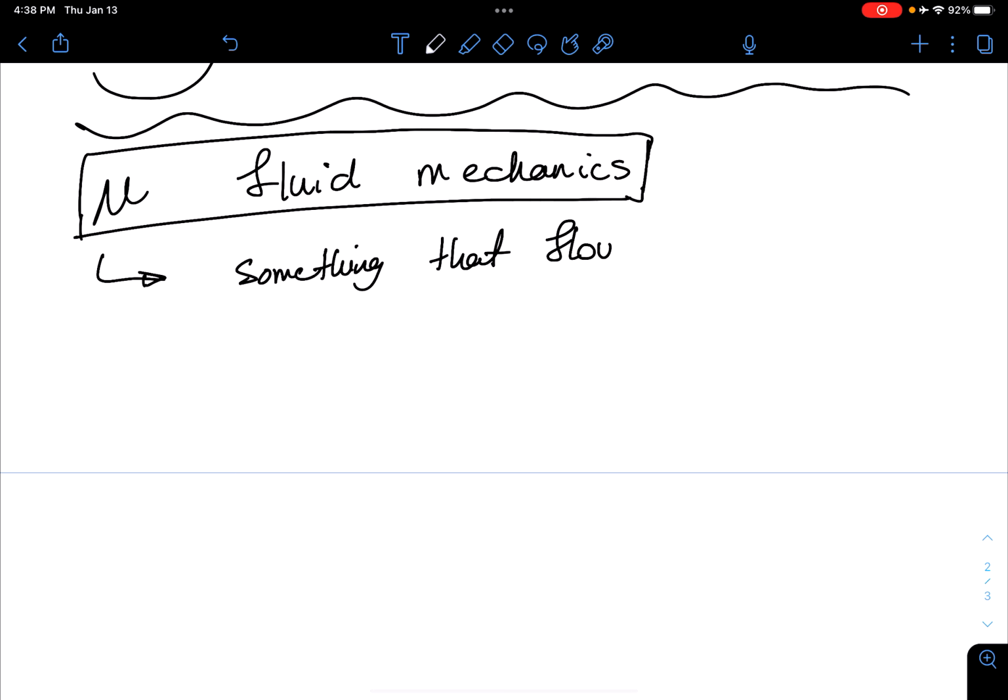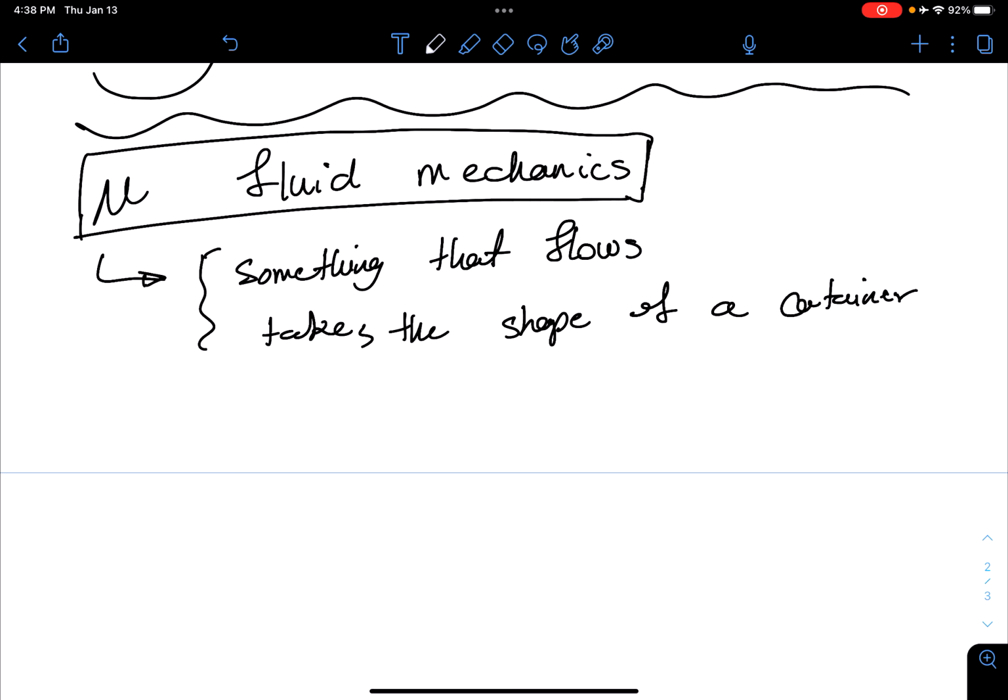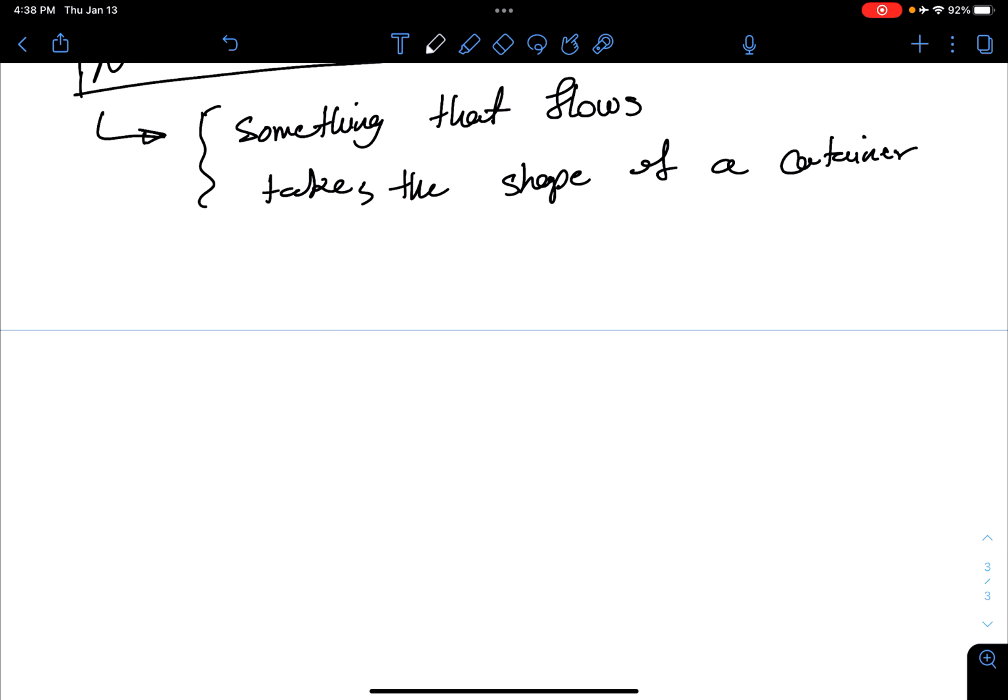Conforms to the boundary. It takes the shape of a container. Okay. What else? Think of shear stress resistance. How does a fluid react when a shear stress is applied to it?